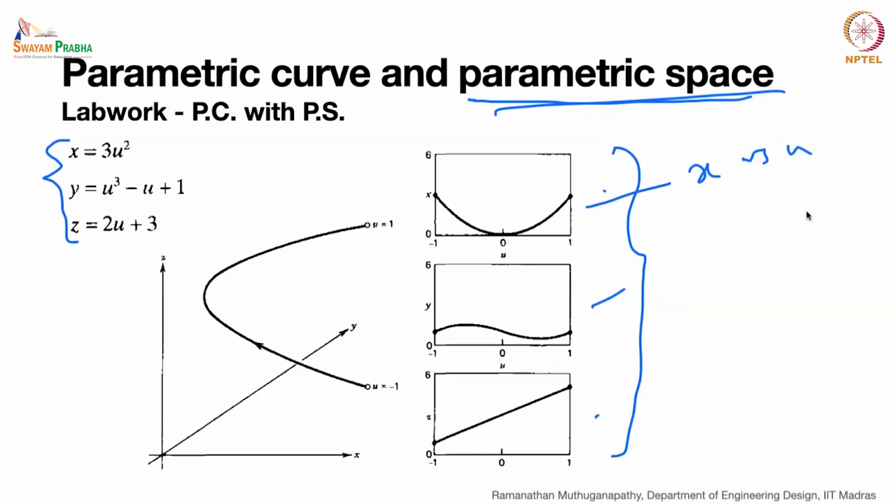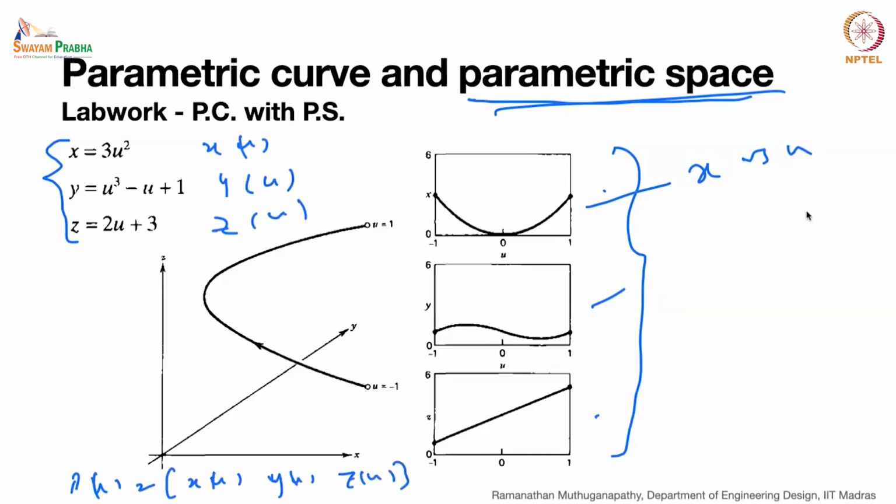Remember, this is a vectorized form: x of u, y of u, and z of u, and you can represent this as p of u, a vector.